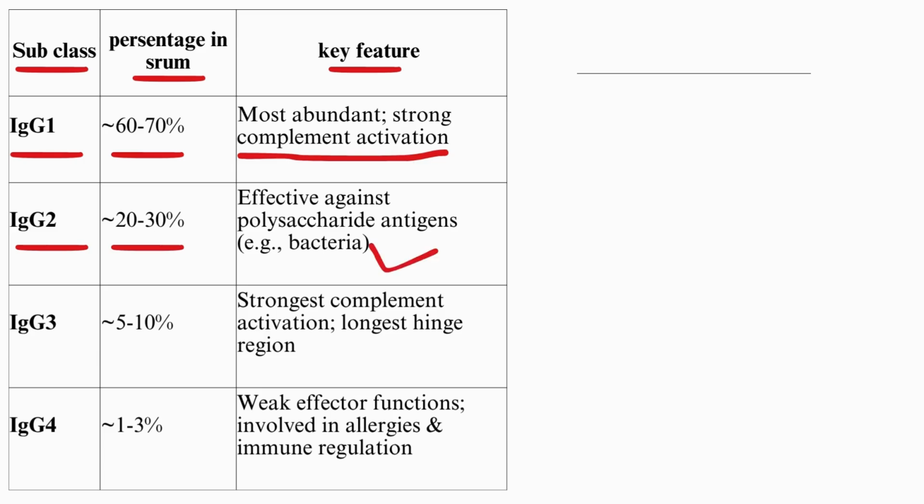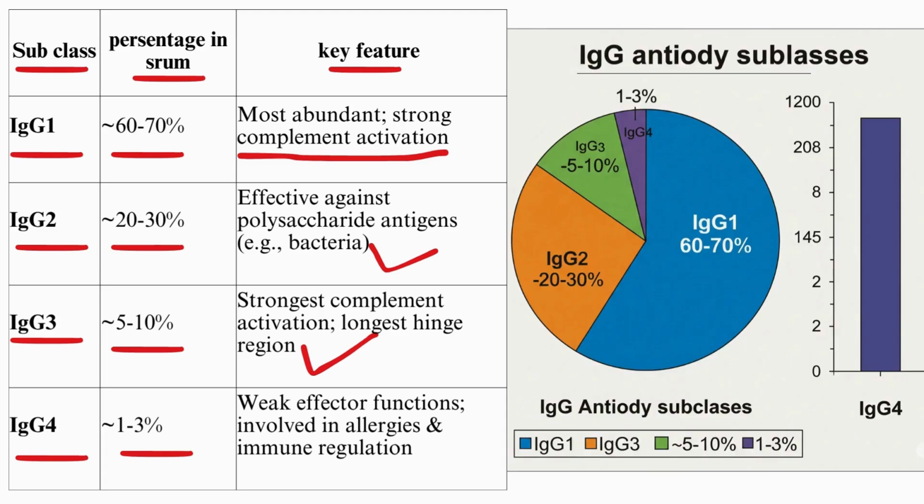Then IgG3, about 5 to 10%, has the strongest complement activation and the longest hinge region. Then IgG4, about 1 to 3%, has weaker effector functions and is involved in allergies and immune regulation.